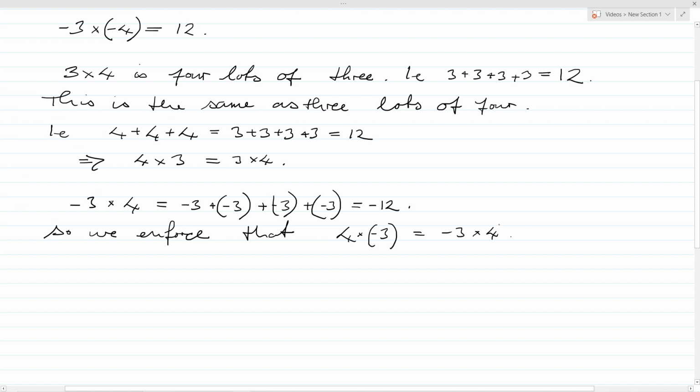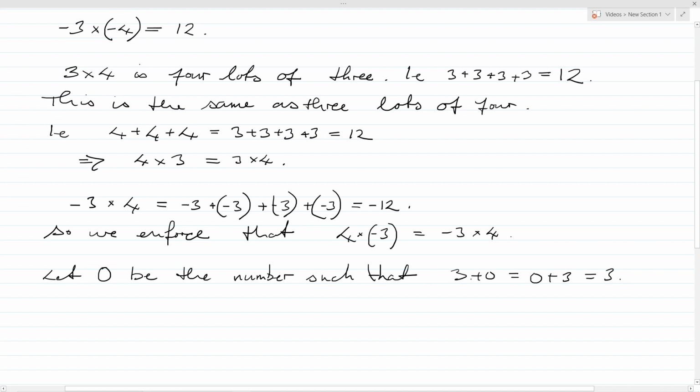Good. Now we're going to have another definition. It's a really obvious definition, and it's about our number 0. We're going to say that this number 0 exists. Let 0 be the number such that 3 plus 0 is equal to 0 plus 3 is equal to 3.